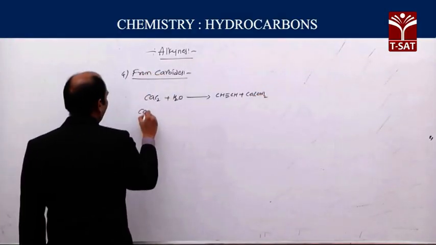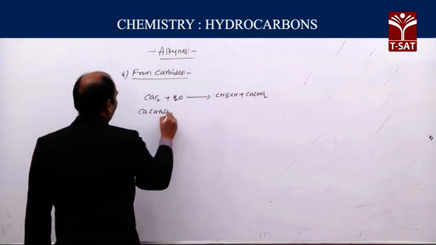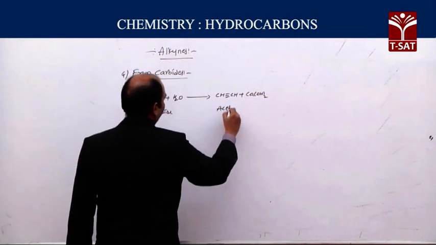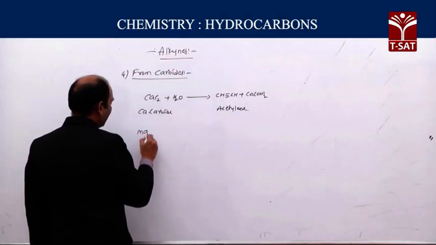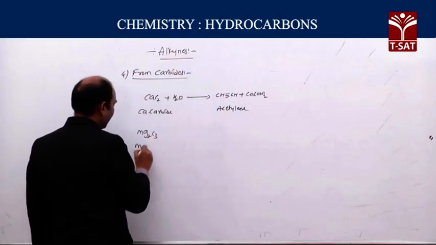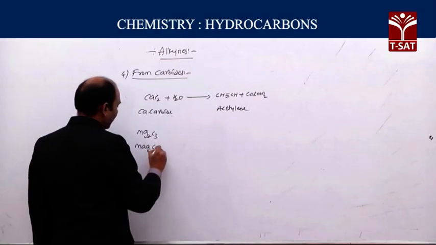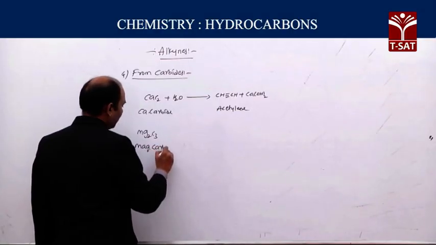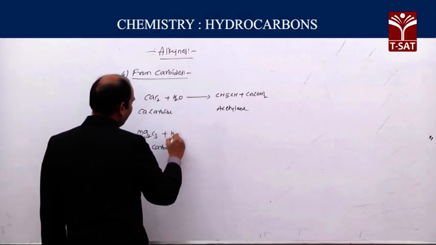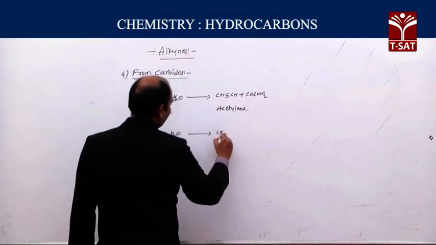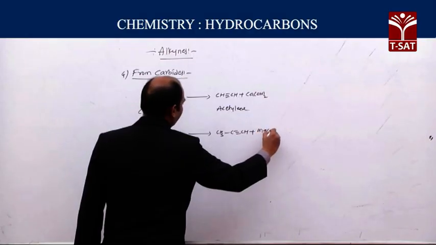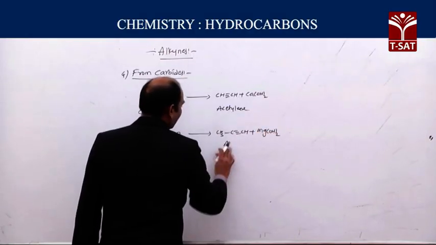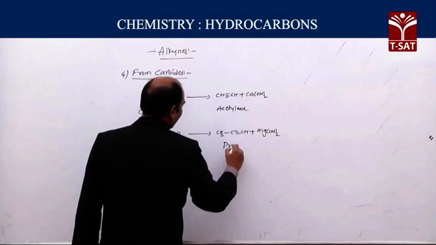This is acetylene. Suppose you take Mg2C3, this is called magnesium carbide. On hydrolysis, we get CH3 C triple bond CH plus magnesium hydroxide. This is propyne.